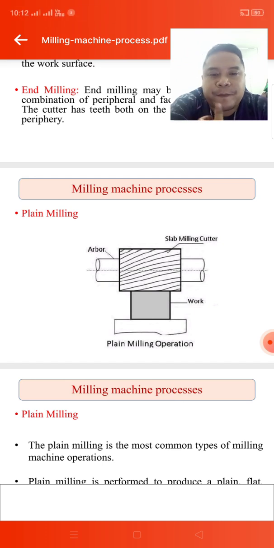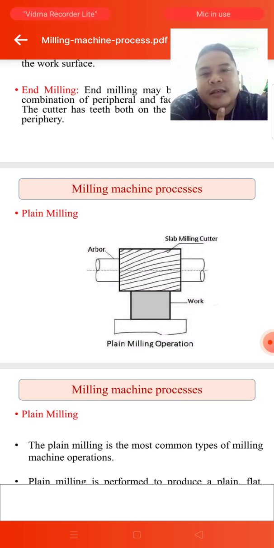As you may see in our slides, we have the arbor which serves as the shaft for our cutter. So tanan mga arbor pwede na ma-move o matangtang sa pag set up sa atong cutters.